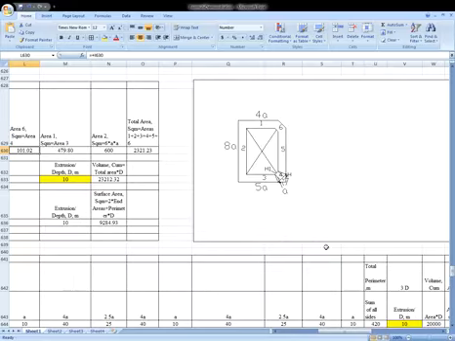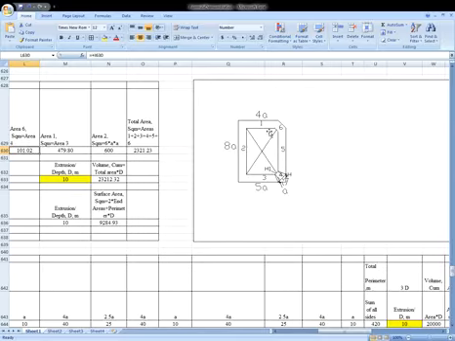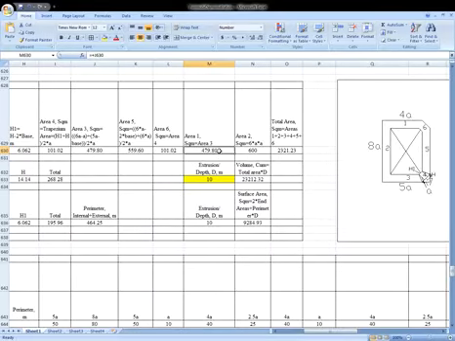Now area 6. Area 6 is same as area 4. Area 1 is equal to area 3, this area and this area are same.